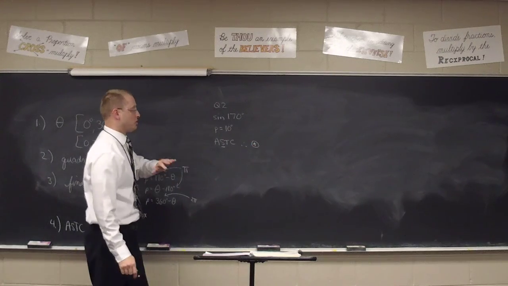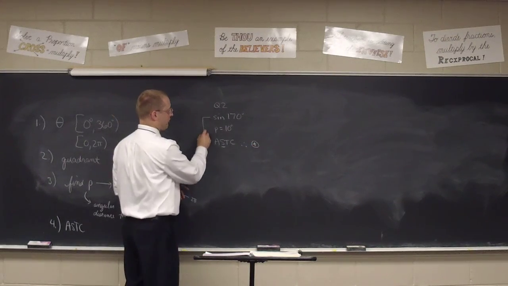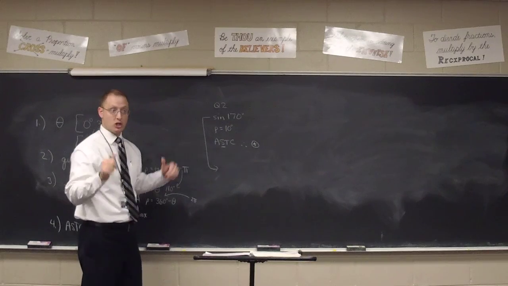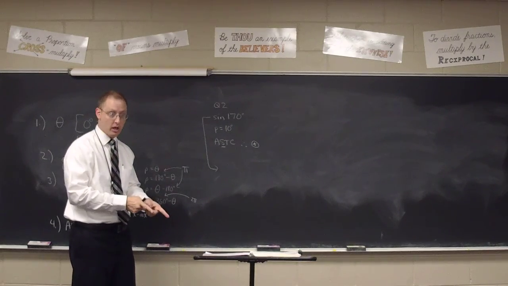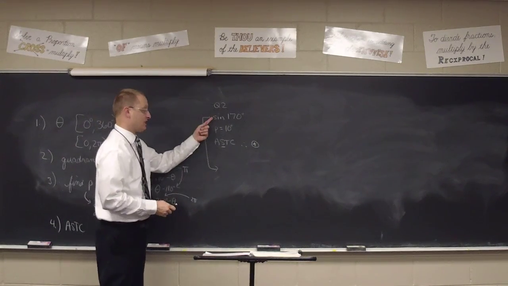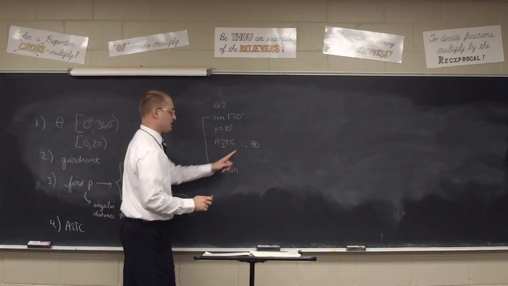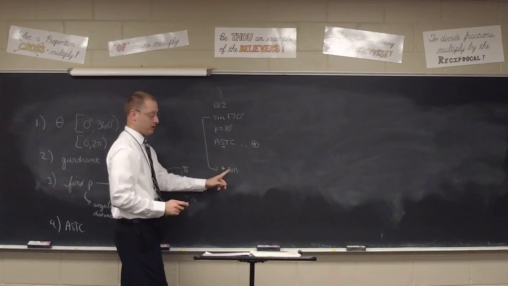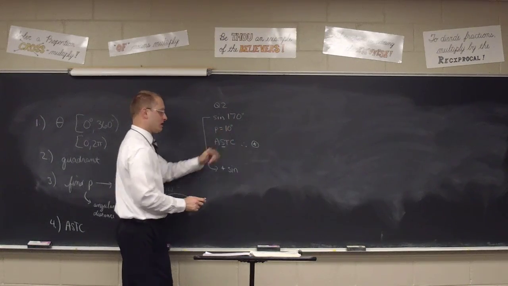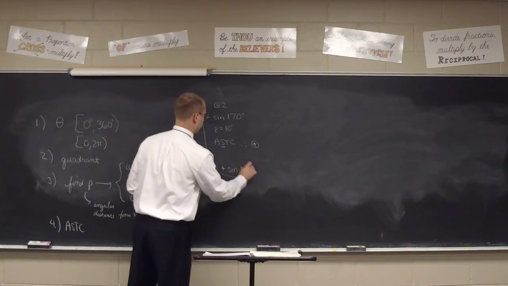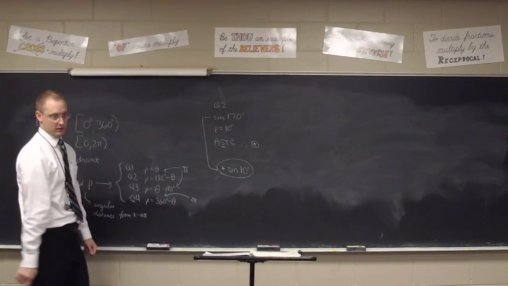So what we're going to do now is rewrite the function. We're going to reduce it to the same function of a positive acute angle. We see sine, we keep sine. We're going to specifically keep positive sine, but instead of 170, we're going to use the reference angle. Positive sine of 10 degrees.